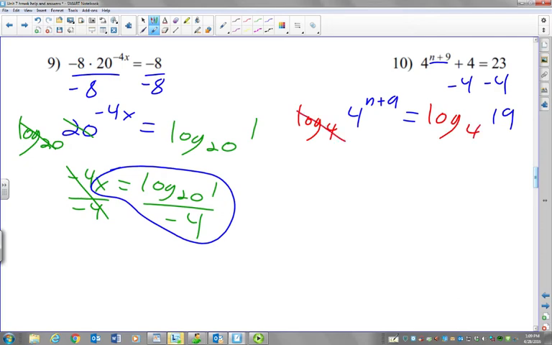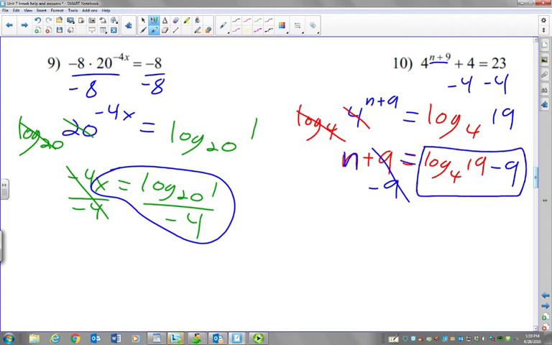And so that'll undo the base 4. So we're left with n plus 9 is equal to log base 4 of 19. And then that's all one thing, log base 4 of 19. And so to solve for n now, we're just going to minus 9 to the other side. So then we have n is equal to log base 4 of 19 minus 9.